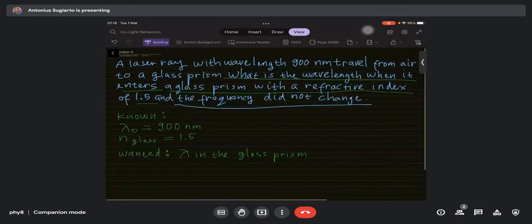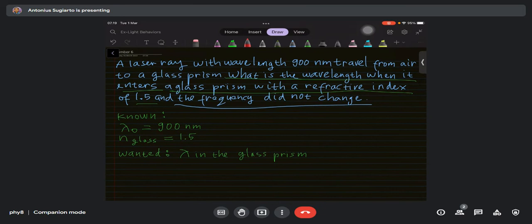What is being wanted is lambda in the glass prism. I hope you are still clear until this step. Now we will go to the answer.